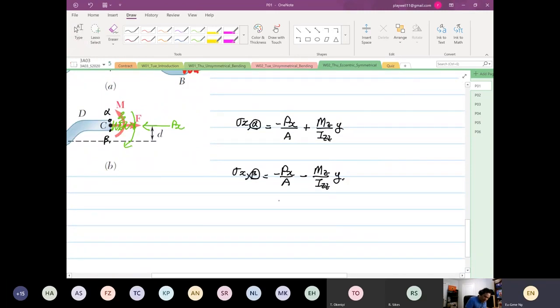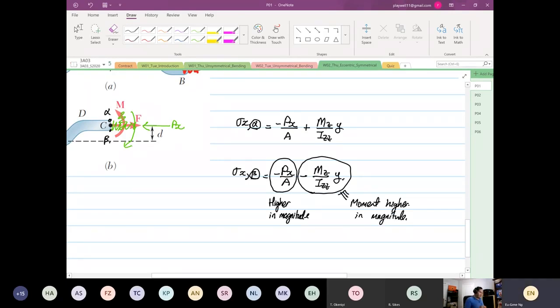Is the axial load higher in magnitude, or is the moment higher in magnitude? Anyone, please. Which one will have a higher magnitude? Based on your experience, anyone, please.